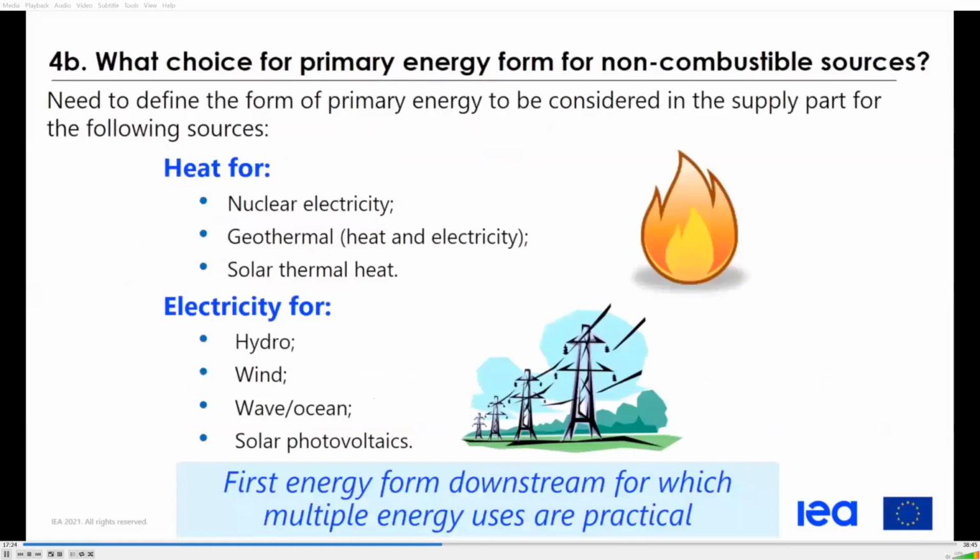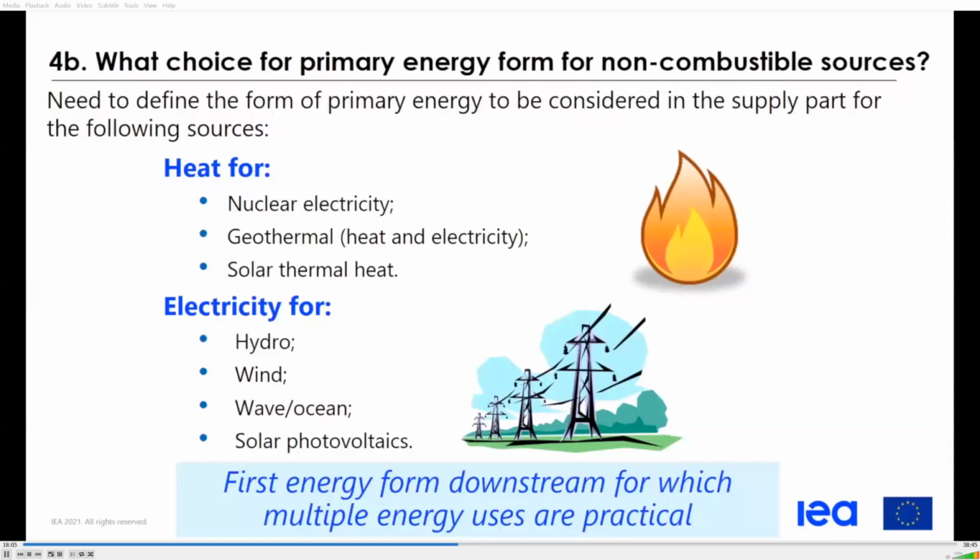For each of the following sources, that is nuclear, geothermal, solar, hydro, wind, tidal wave ocean, and solar PV, there is a need to define the form of primary energy to be considered. For instance, in the case of hydro energy, a choice must be made between the kinetic energy of falling water in the turbines and the electricity produced. For nuclear energy, the choice is between the energy content of the nuclear fuel, the heat generated in the reactors, and the electricity produced in the nuclear reactor.